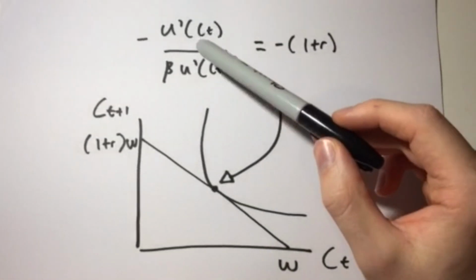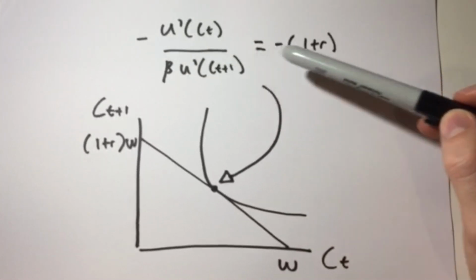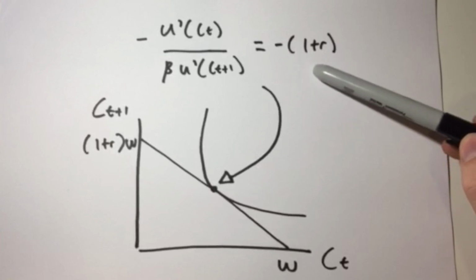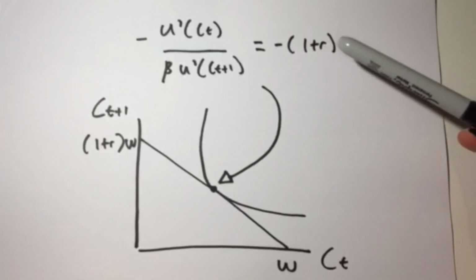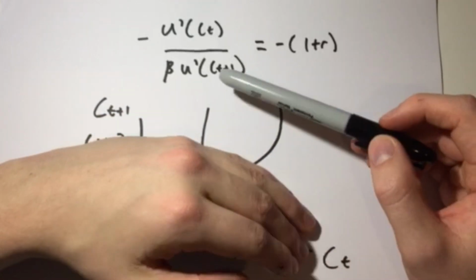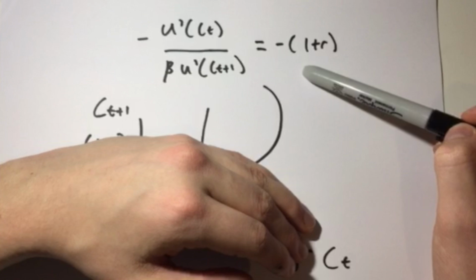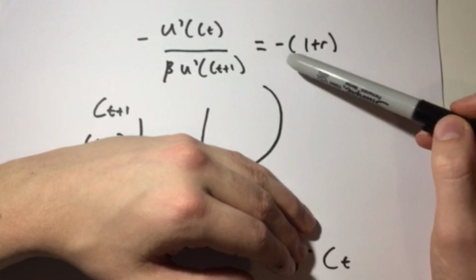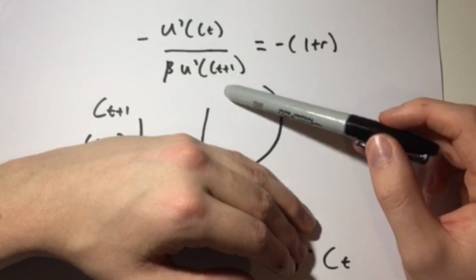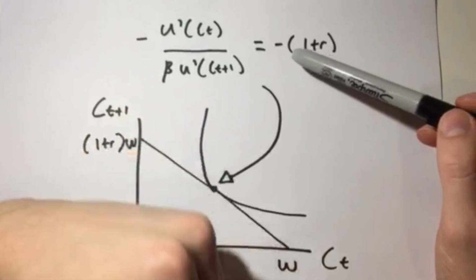So here we have the slope of our indifference curve derived from utility, and the slope of our budget constraint derived from our budget constraint. So ignore this graph for a second. When the slope of our indifference curve is equal to the slope of the budget constraint, we have maximized our utility function given the budget constraint.